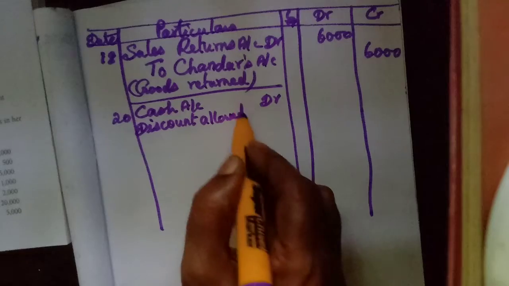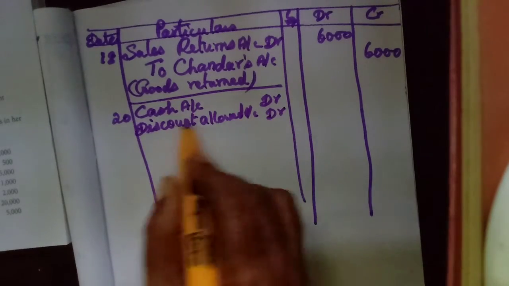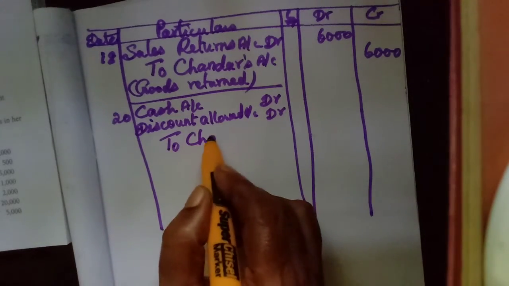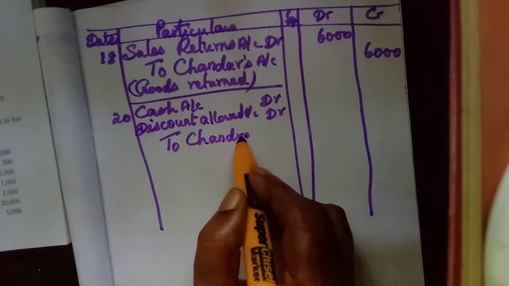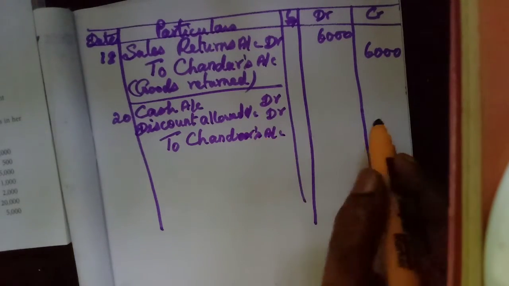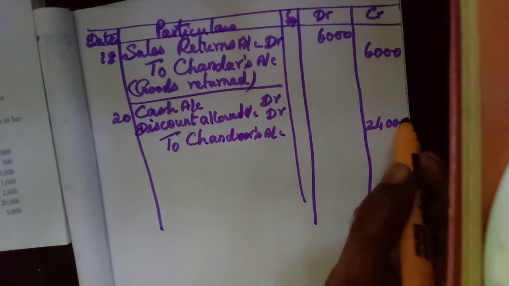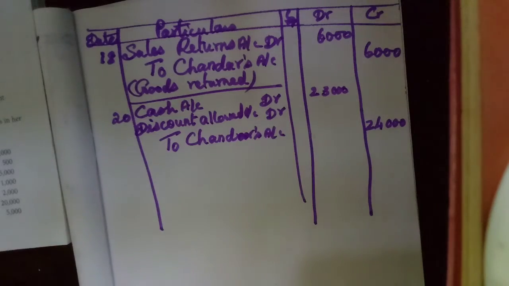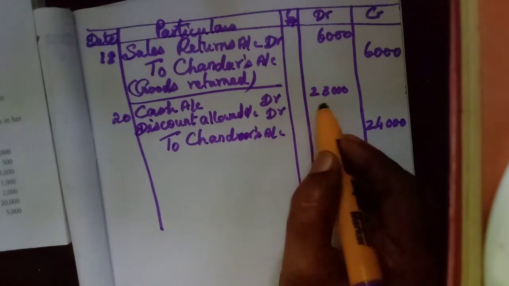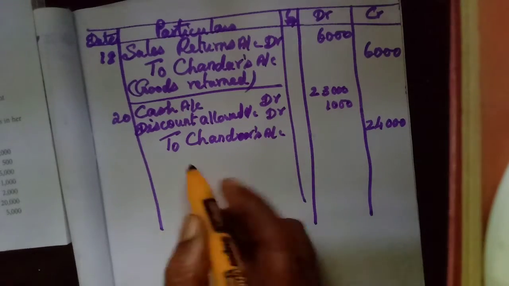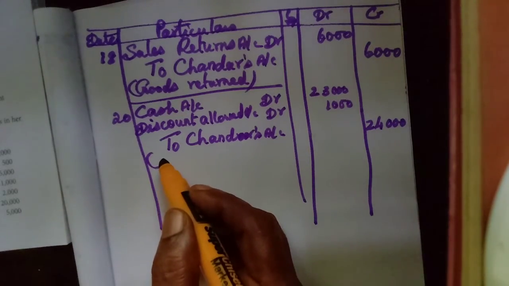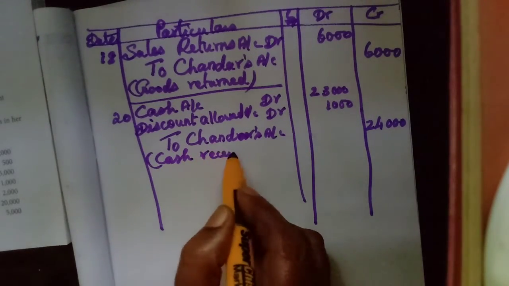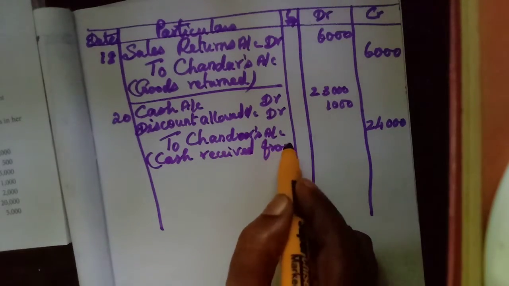Discount allowed account debit, because it is a loss for us, to Chandar's account. Actually, in Chandar's account 24,000 is there, so we are receiving only 23,000. The remaining 1,000 is the discount allowed. Cash received from Chandar.